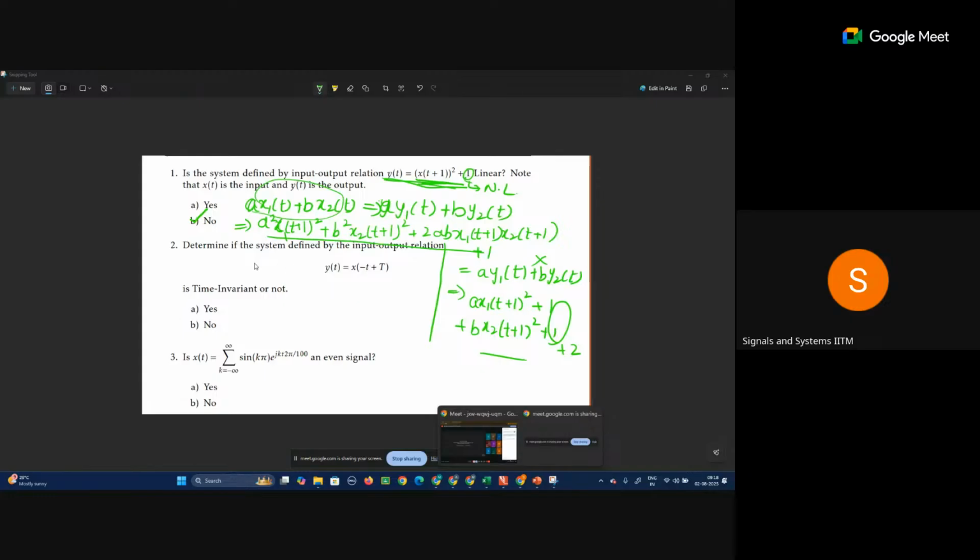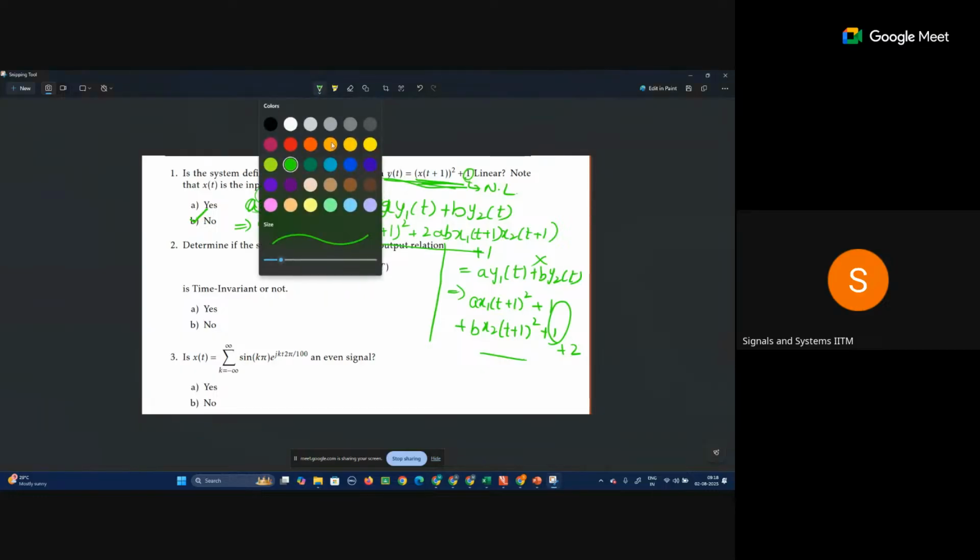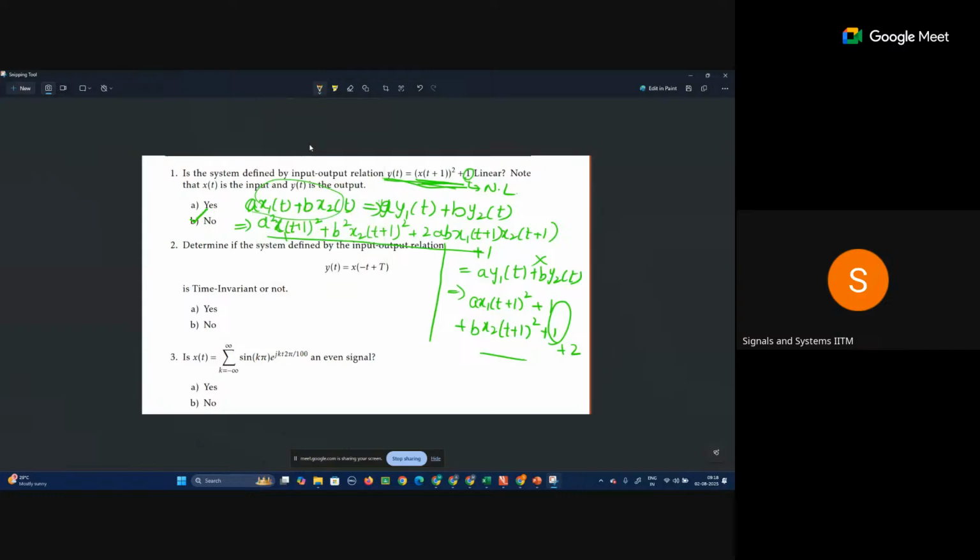So coming to the next question, they have given the input output relationship as y of t equals x of minus t plus capital T. Will this be linear? Will this be a time invariant or time variant system? It's time variant.